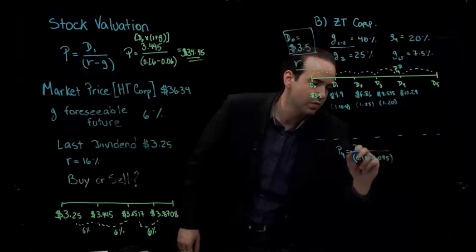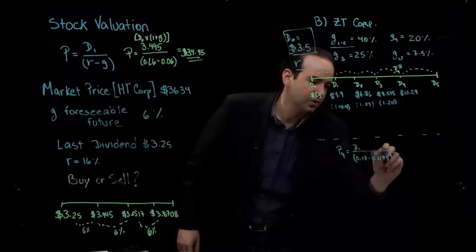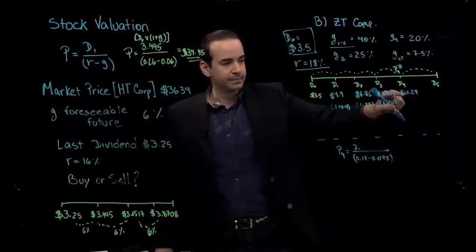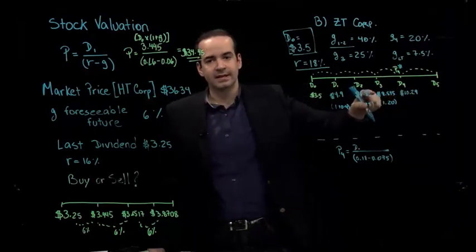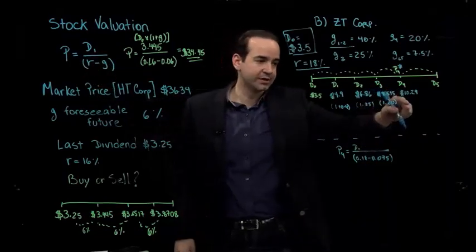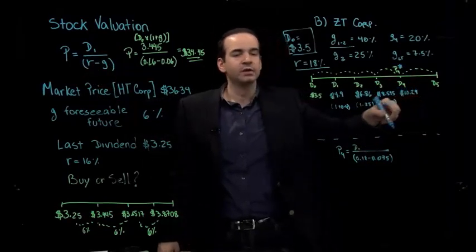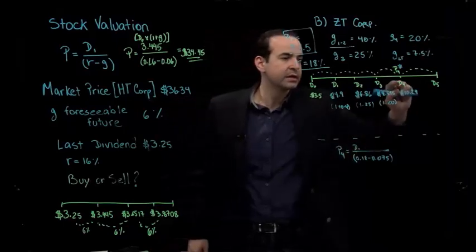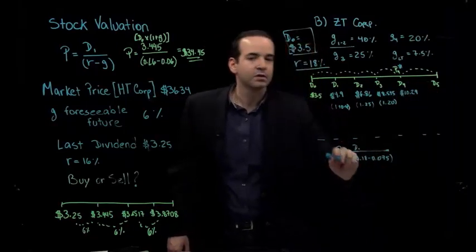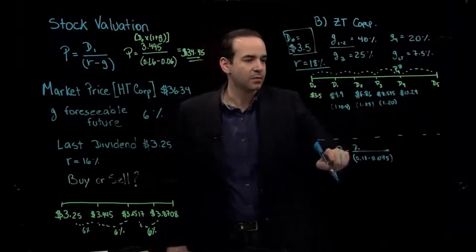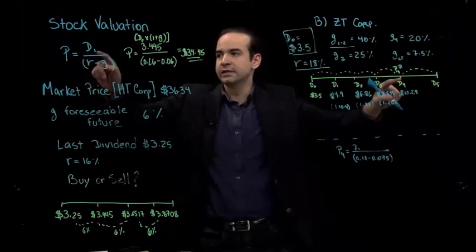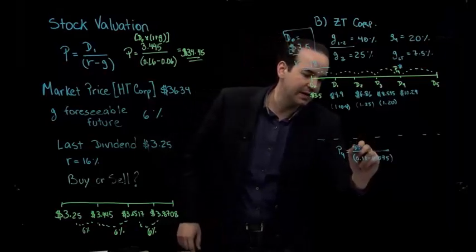Now we need D1. At year 4, this dividend already took place, and our formula needs D1, the dividend in the following year. So we are going to calculate D5 only for the purposes of getting this P4. The price at year 4, so the D is basically D5, right?